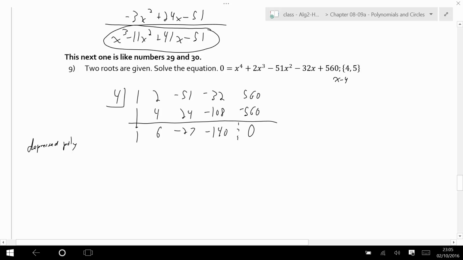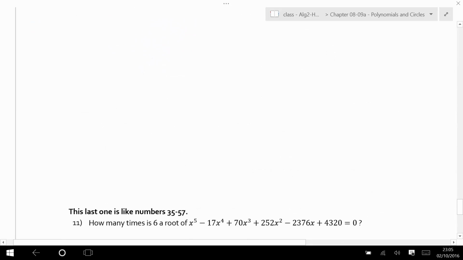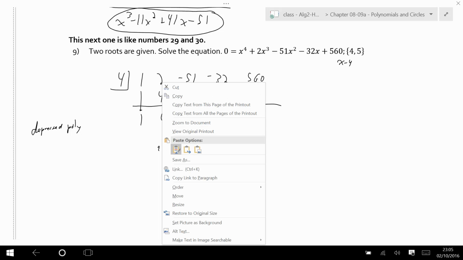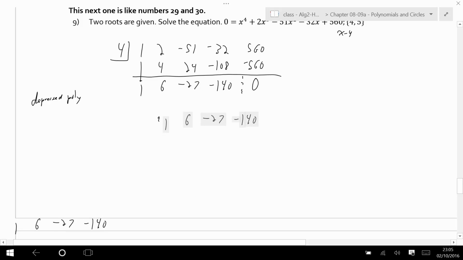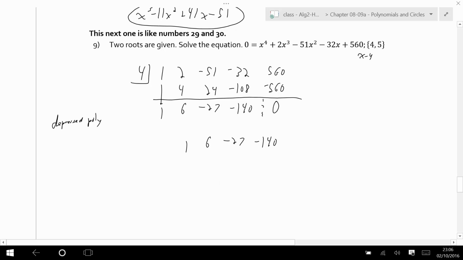And what I'm now going to do is take these and make these the coefficients of my second round of division. I've already taken out the 4, so I don't want to take the 4 out again. What I want to do is take out now the 5. So I'm going to take those and make that a synthetic division with the 5 and set that up.